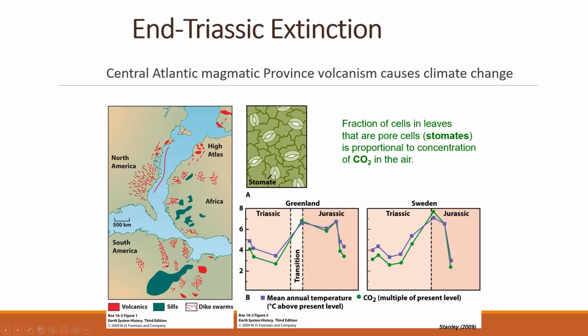If we look between the Triassic and the Jurassic, we see a massive increase in CO2, which is going to increase our temperatures. So the temperature will increase between these two periods, and that can lead to an extinction.